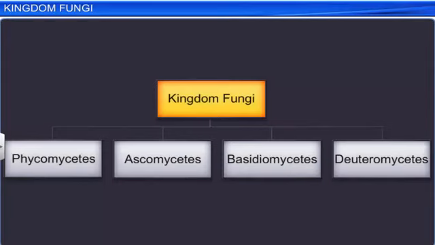There are four main classes of fungi: phycomycetes, ascomycetes, basidiomycetes, and deuteromycetes.